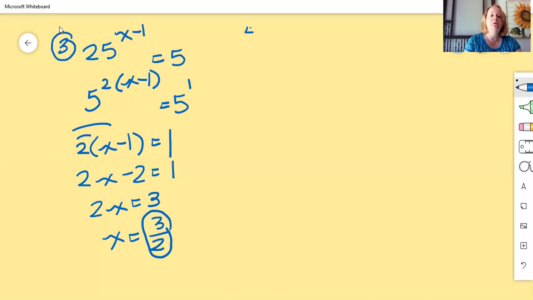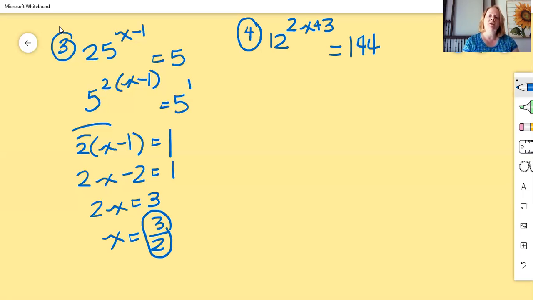Okay, number 4 here. Let's try this one. 12 to the 2x plus 3 power equals 144. Well, I know that 144 is 12 squared, so this is going to stay the same.